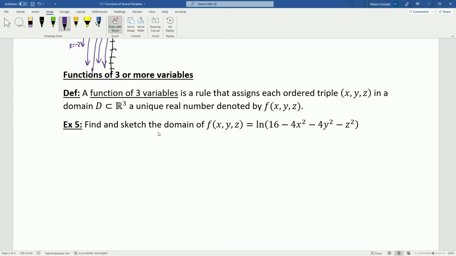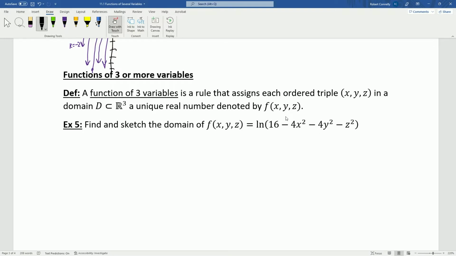So for example 5, what we're going to do here is just sketch the domain of this function of 3 variables. Obviously if we have 3 independent variables, and then a 4th output variable, we can't directly draw that, right? That's a 4-dimensional function, you could think of it that way. But we can at least draw the domain and understand what kind of values it's acting on, so let's do that.